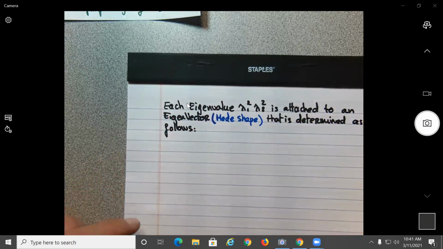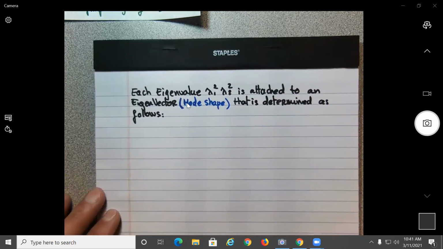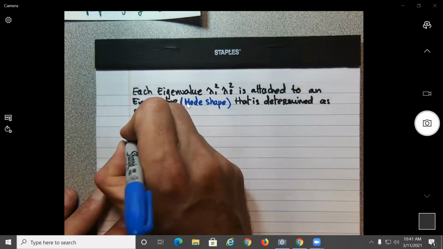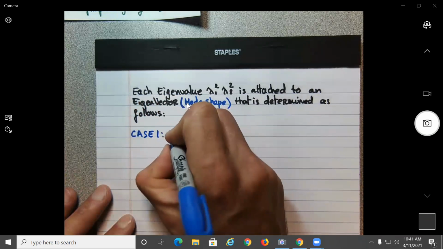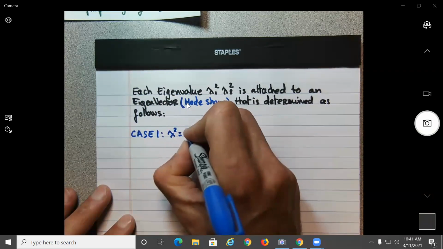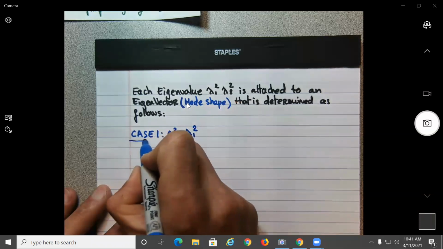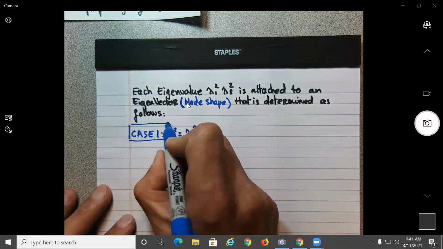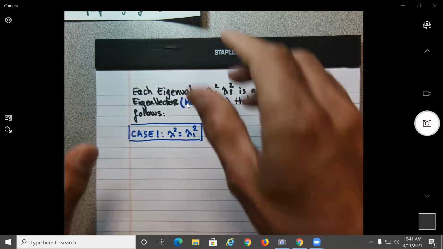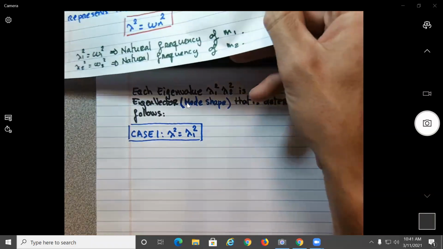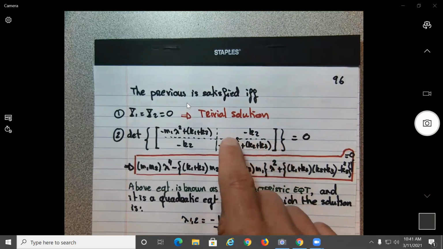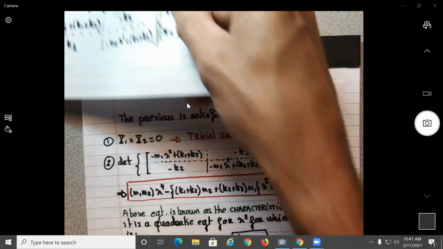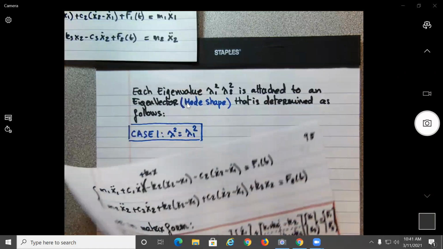All right, so here pay attention. This is not difficult, but sometimes it's easier with values than with variables. So the first thing we're going to do, case 1, we're going to say that lambda square equal to lambda 1 square. What we need to do now is go back to this equation. Actually, we need to add one thing to this equation.